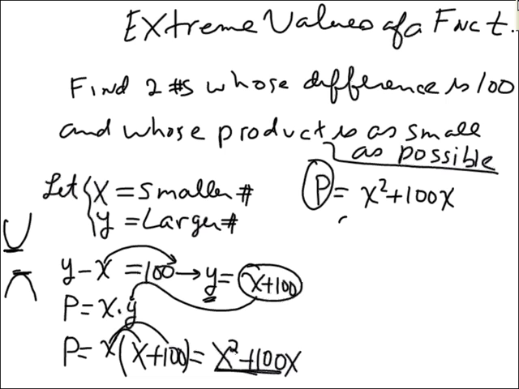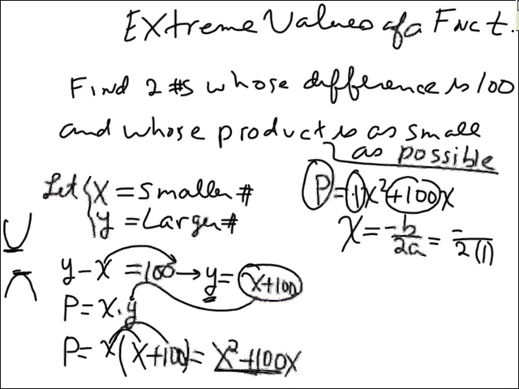I want to know the smallest value it can be. It happens when the variable on the right side is negative b over 2a, where a is the number in front of x squared, which happens to be 1, the understood number. The bottom is 2 times 1, or 2, and b is the number in front of x, which is 100. 2 goes into 100 50 times.